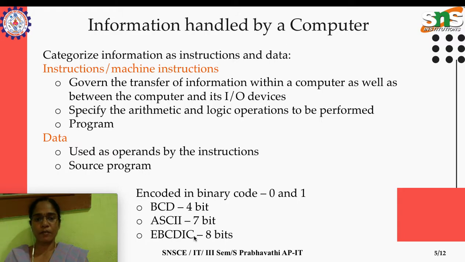EBCDIC is extended binary coded decimal interchange code. Please excuse me, I forgot that expansion. It is 8 bit in size, 2 power 8, which is 256 characters. So the EBCDIC encoding scheme will accept 256 alphanumeric characters.